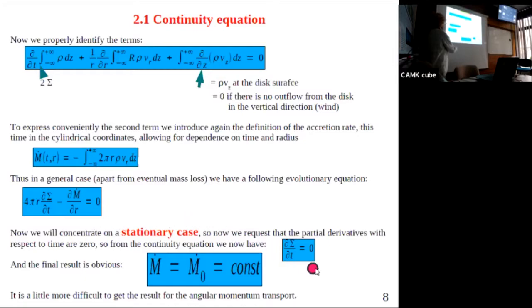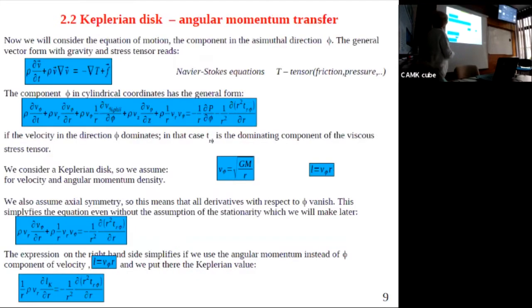So in the case of a stationary situation, when the time derivative has to be 0, of course you integrate this equation and the accretion rate is constant. That's really obvious. But now we will have to work with the equation of angular momentum transport, which is a bit more complex. So this was the kind of preliminary exercise.